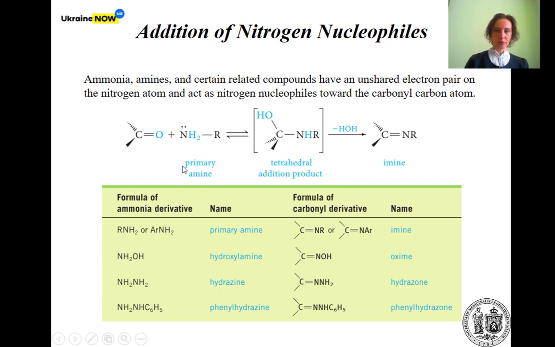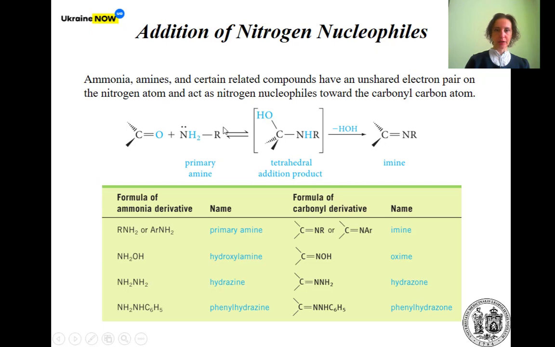First of all, we observe nucleophilic addition. The part with nitrogen is added to the carbon, and the blue hydrogen is added to oxygen. But this compound is not stable and spontaneously loses water, and we obtain a compound with a double bond between carbon and nitrogen.